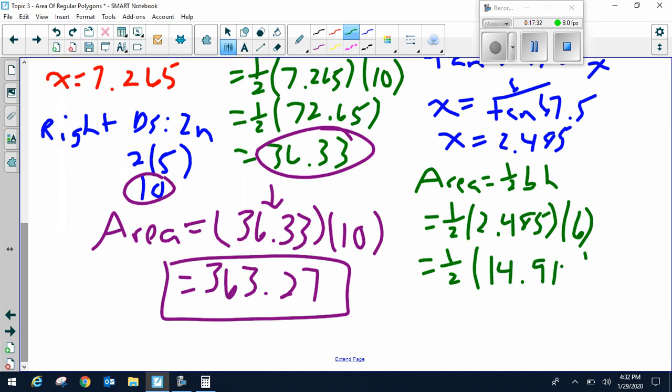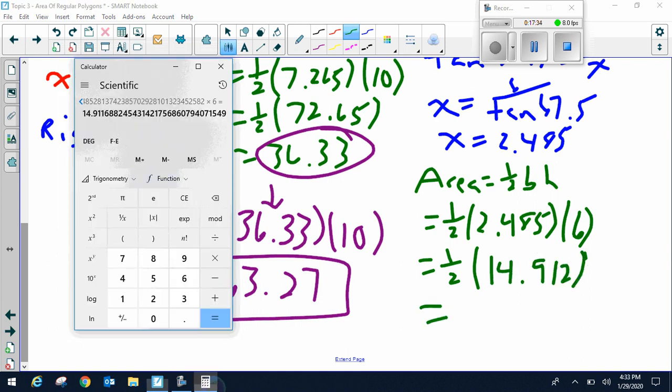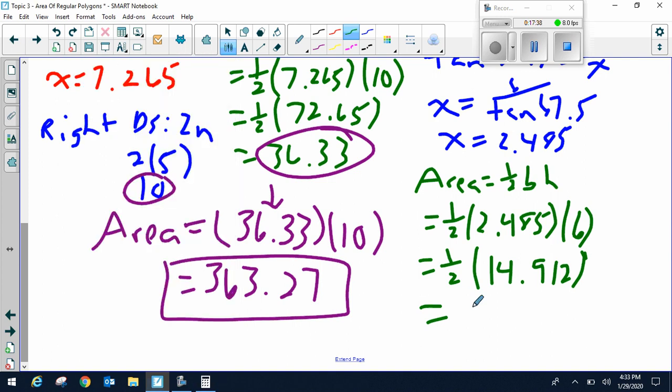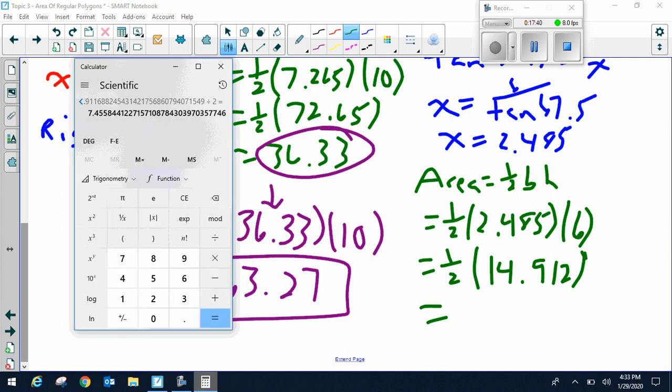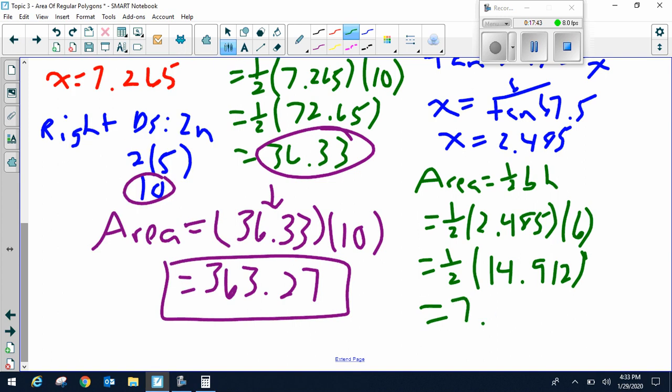And then again, same thing. Keep the number in your calculator. Just hit divided by 2 equals. You get 7.456. But again, I'm not changing my calculator. So now that I have the area of the triangle, we have to determine how many right triangles we have. Okay, so that's 2 times n. 2 times, in this case, is 8 sides.